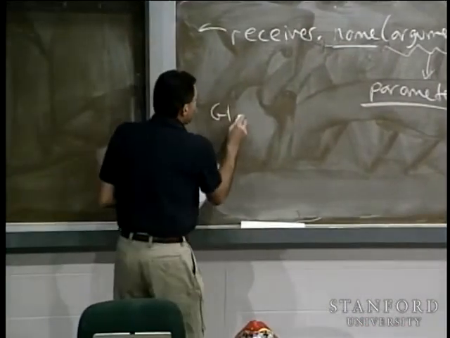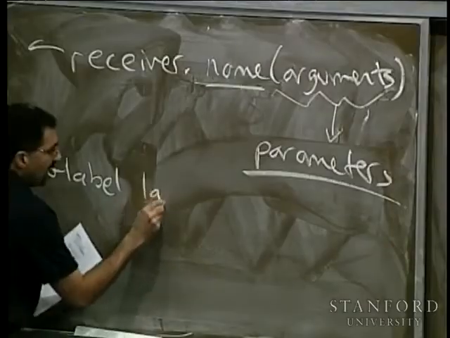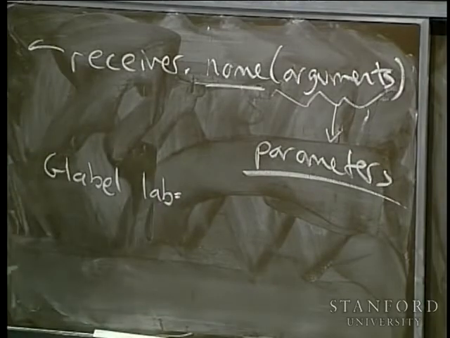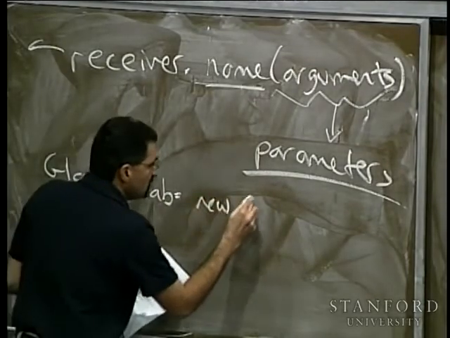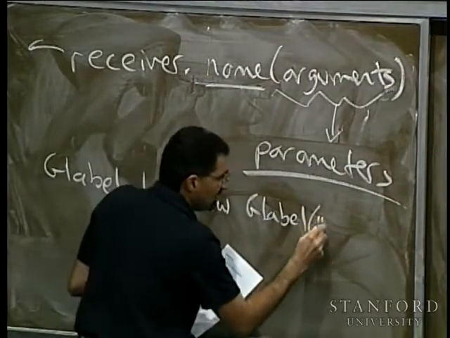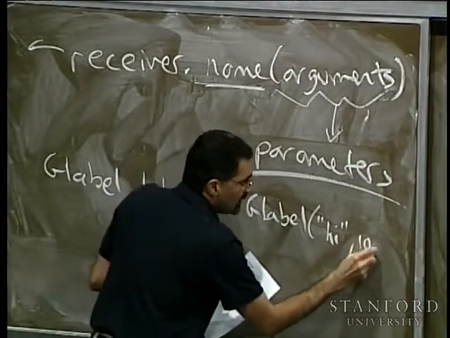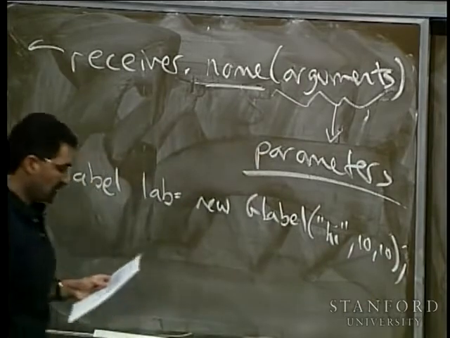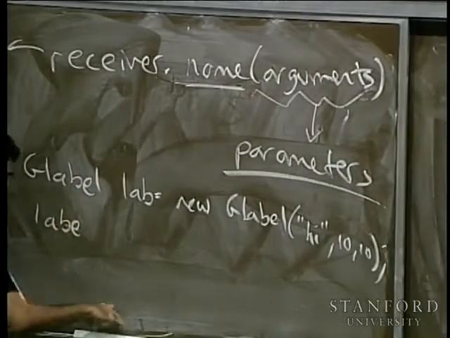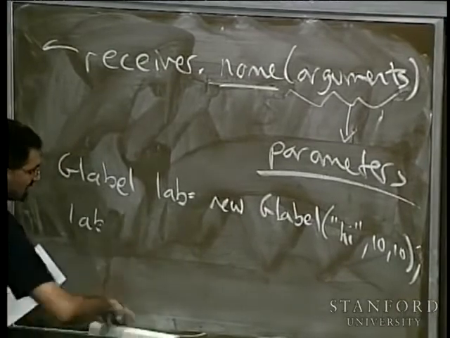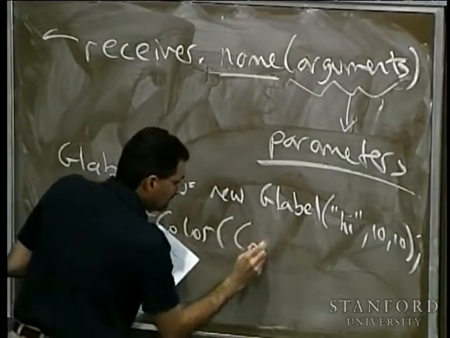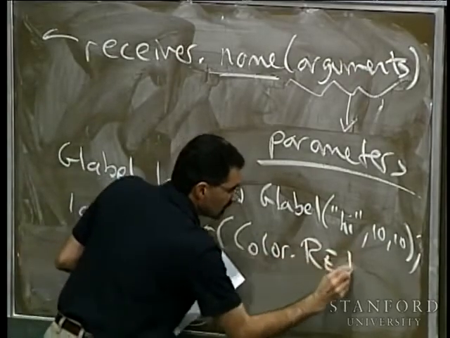So if we have our friend GLabel, and I declare, let's say, lab to make it short, which is short for label, and I ask for a new GLabel, and I'm just going to give it the words "hi" at location 10, 10, just to keep it short and fit it on the board. And then I set its color by saying lab.setColor(Color.RED).